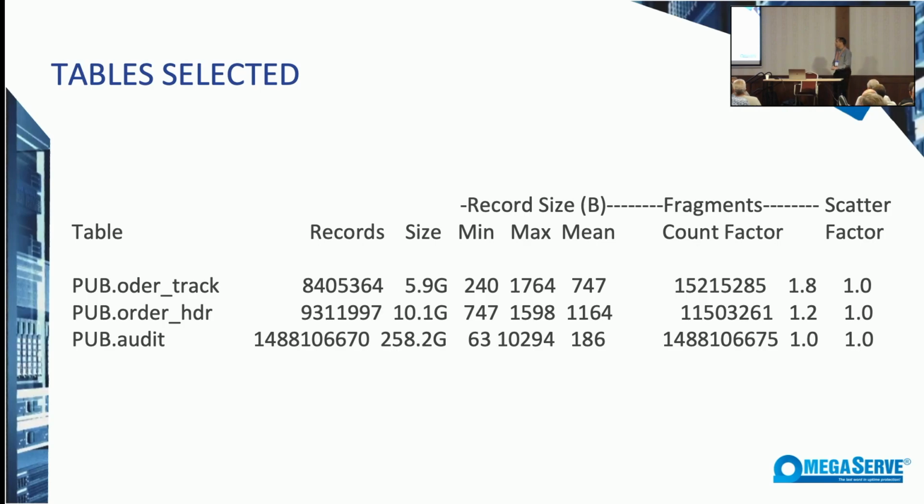So even though it would only be a 20% performance increase, the impact would be pretty large. And then finally, there's a huge audit table that we were looking at, but as you can see, the scatter factor shows the records are pretty contiguous. There's no fragmentation there. So there is some value in partitioning it, but not in this exercise.